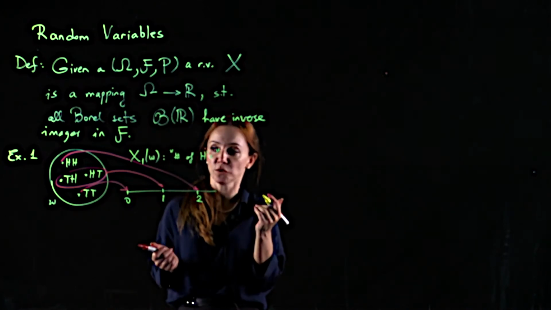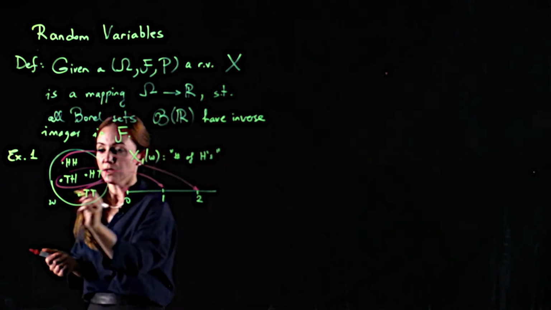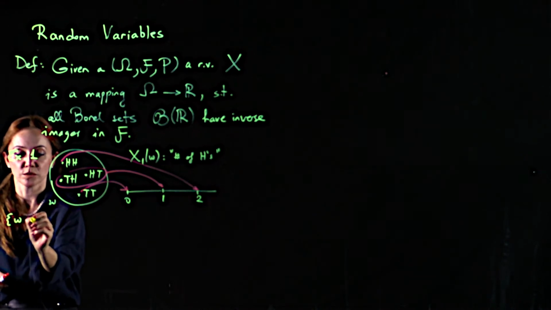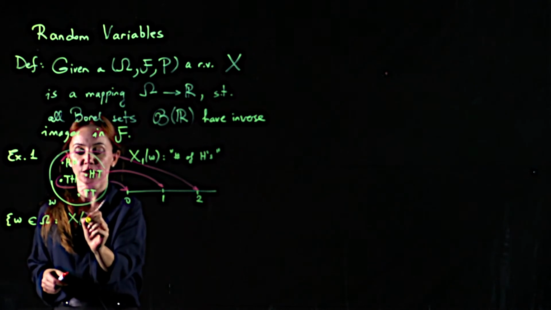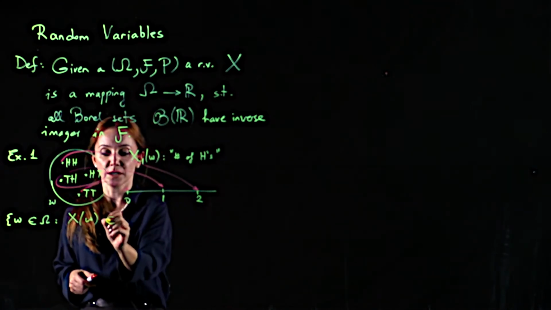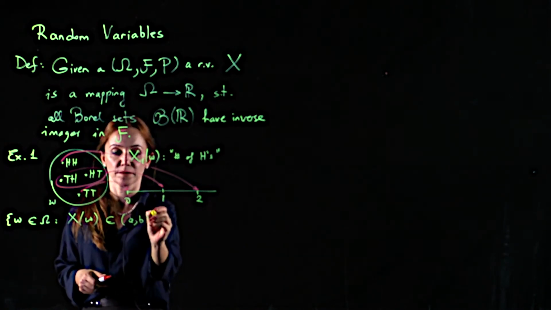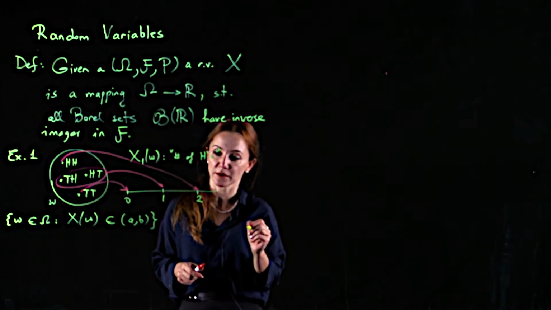Now let's check that this is a valid random variable. We need to check the inverse images, right? So let's see. W such that X of w is in some interval a to b. This is the inverse mapping.